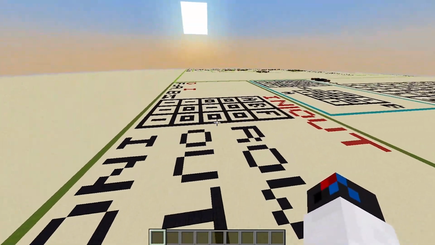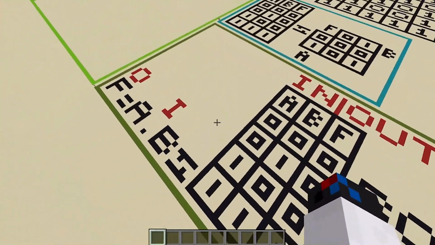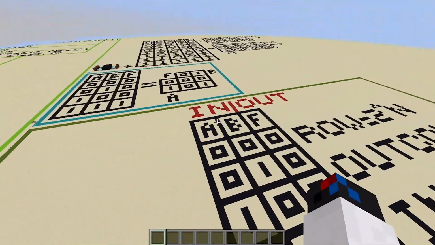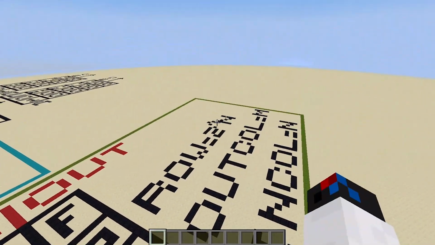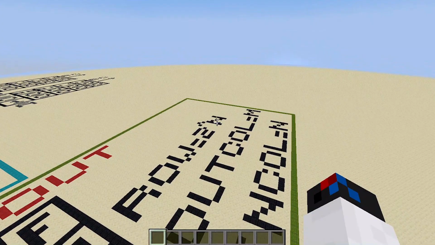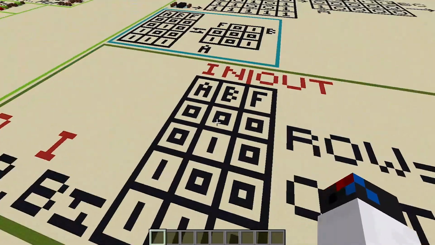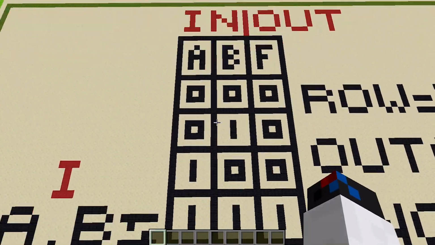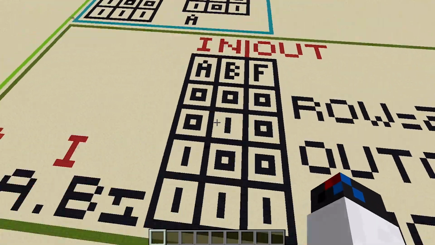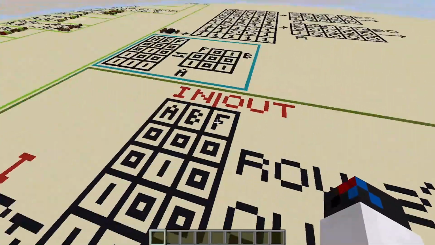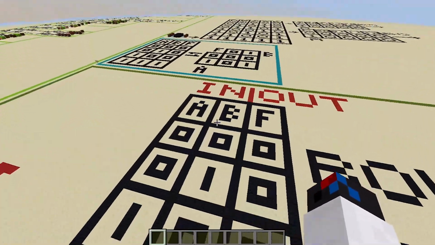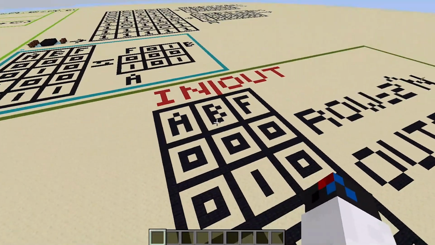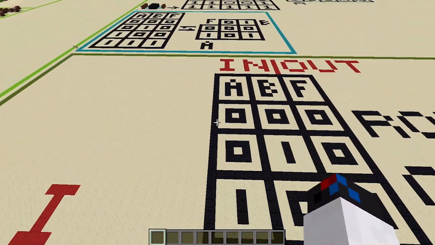In this example, we have a and b, 2 variables. Using that formula, we need 2 to the power of 2, which equals 4. Now let's count: 1, 2, 3, 4. So the number of rows is 2 to the power of n, where n is the number of input variables.